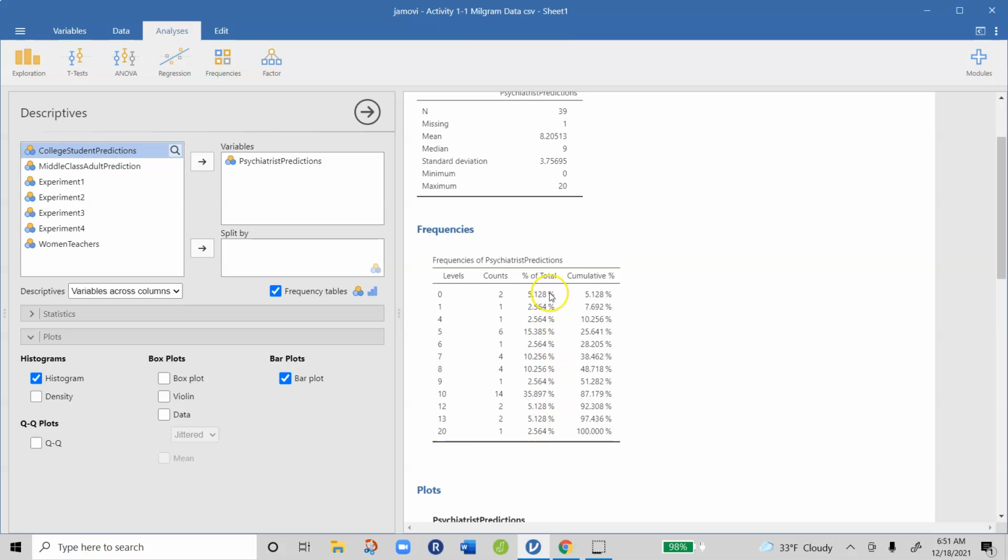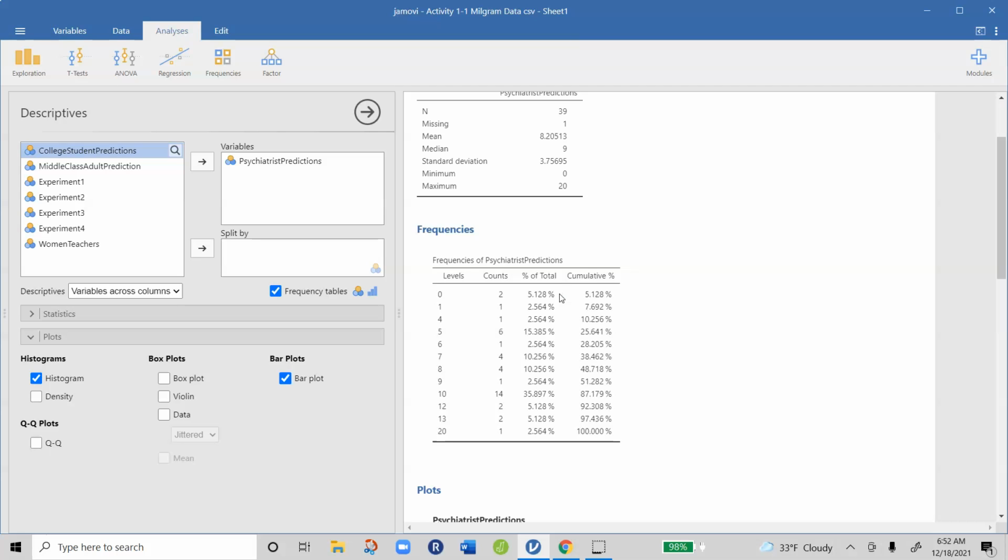The next column on the right here is the percent of the total. There were 39 psychiatrists total included in this study, and for each level, it's the percent of people who gave that response. So for this very first one, you have 2 people divided by 39, which gives you 5.128%.